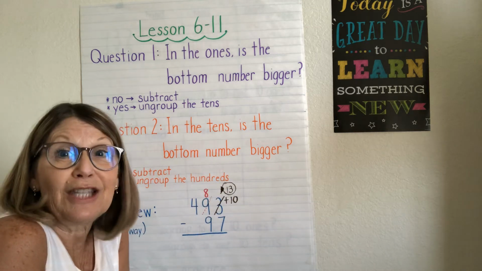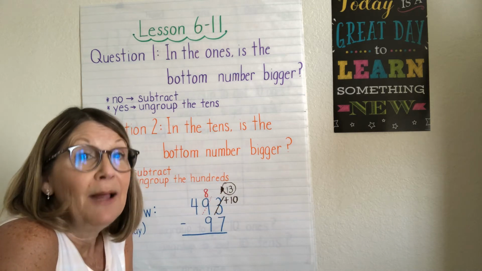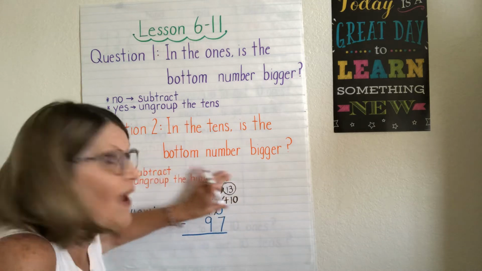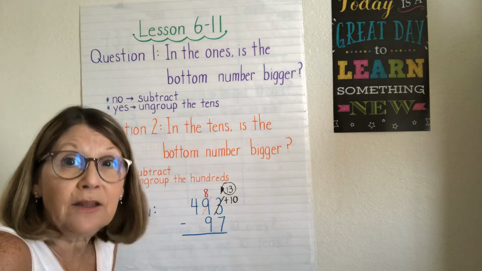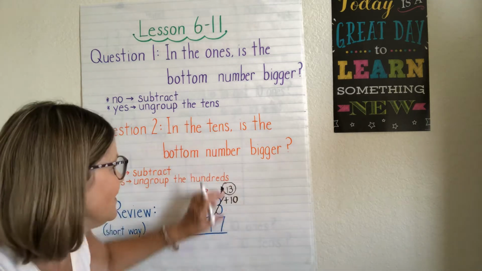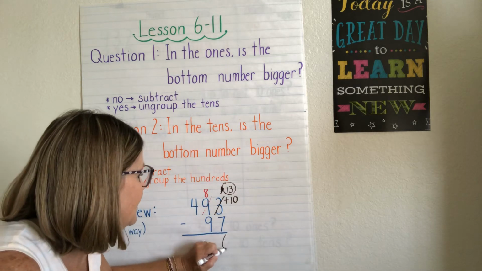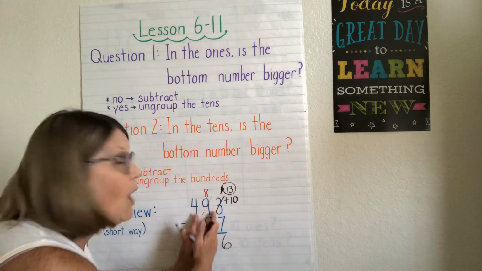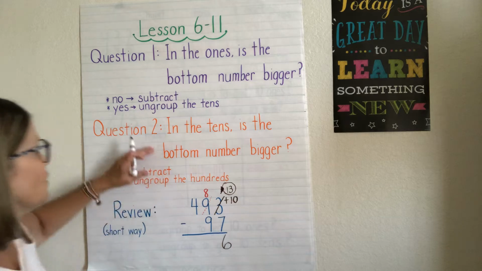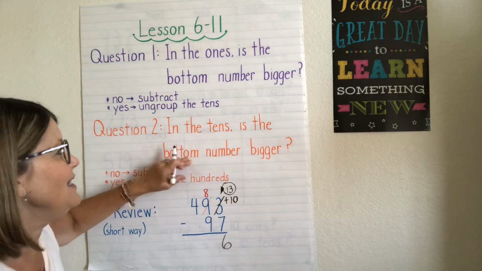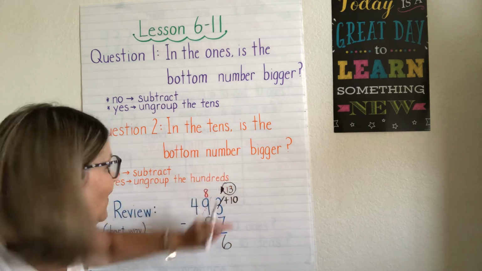Remember, we practiced circling that number because we're going to get a lot of activity going on up here. Now I'm going to go ahead and subtract the ones, and then I'll be done with the ones. 13 take away 7 is 6. Now I'm going to focus on the tens. In the tens, here's my question 2. In the tens, is the bottom number bigger?